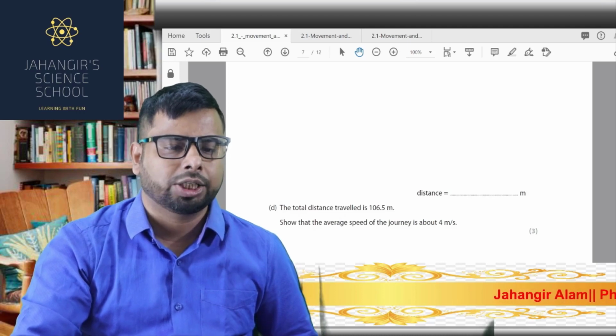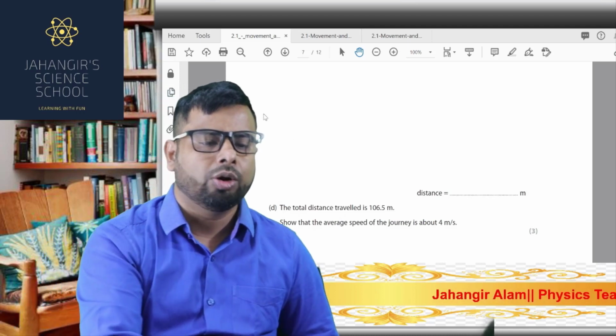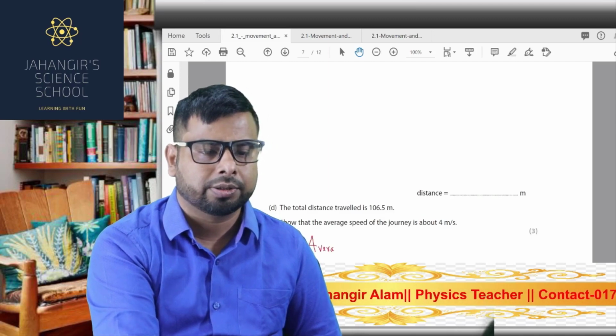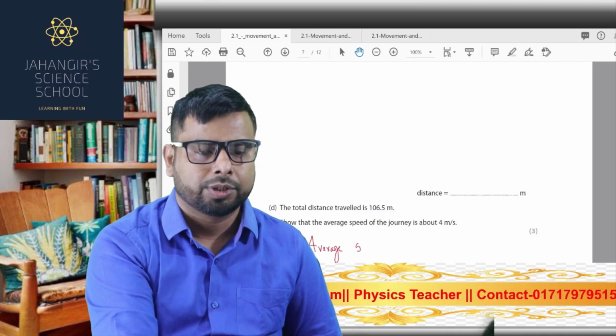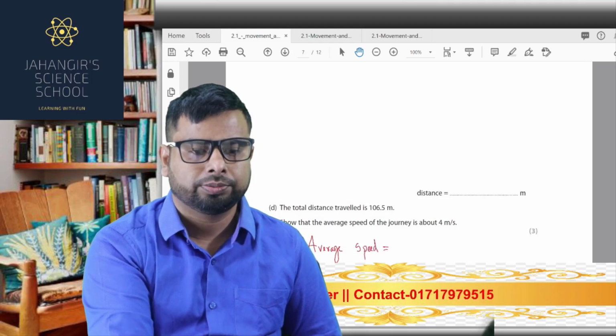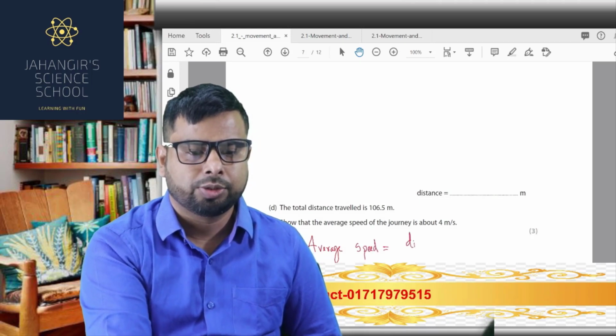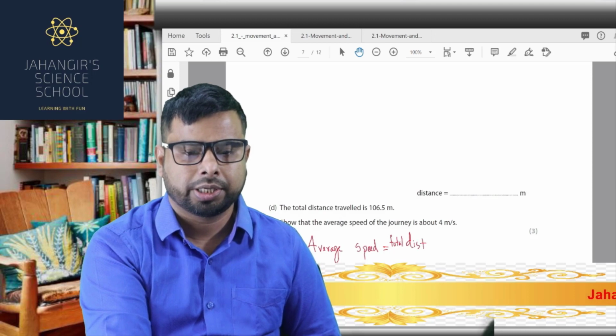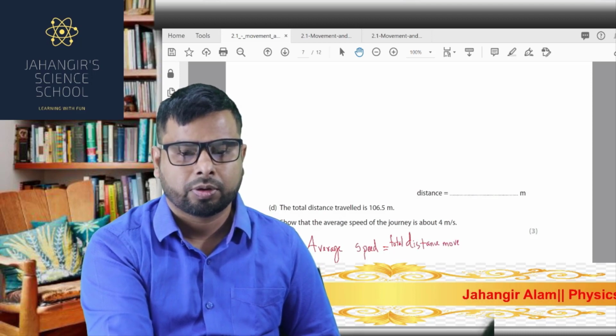Show that the average speed of the journey is 3.94 meters per second. We know average speed equals total distance moved divided by time taken.